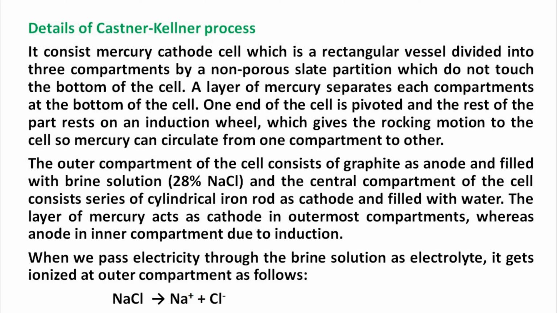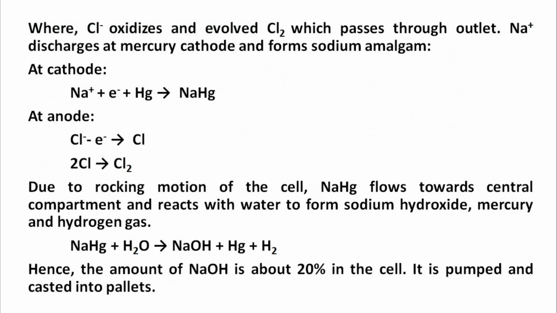Here ionization of brine or sodium chloride takes place to produce sodium cation Na+ and chloride Cl- ion. It is shown in the reaction clearly. Chloride Cl- ion oxidizes and evolves chlorine gas molecule which passes through the outlet. Sodium cation Na+ discharges at the mercury cathode and forms sodium amalgam as shown in the reaction.